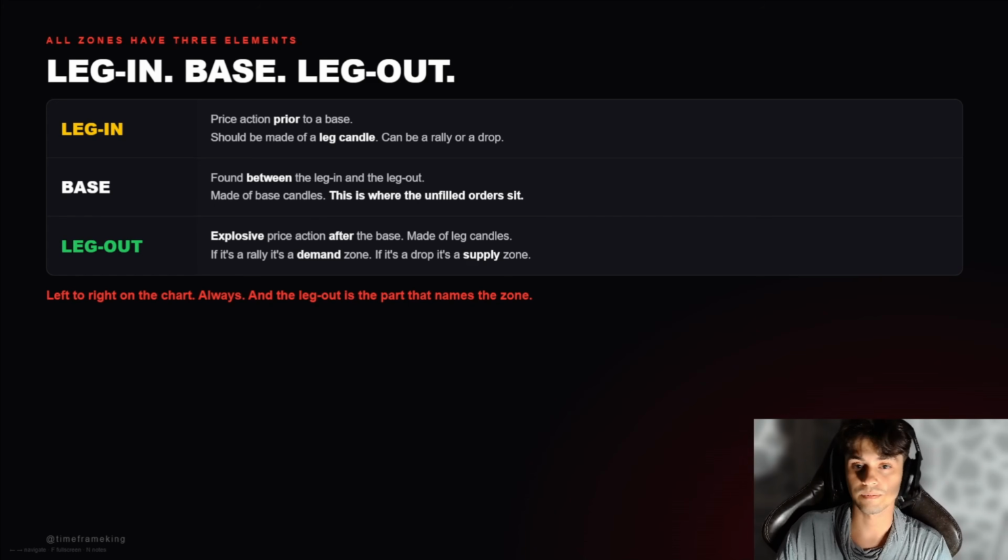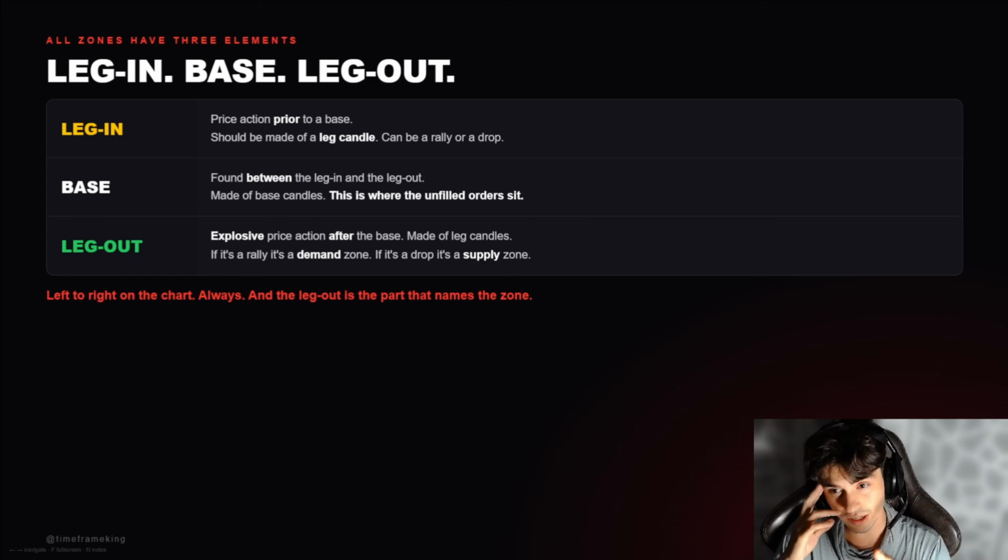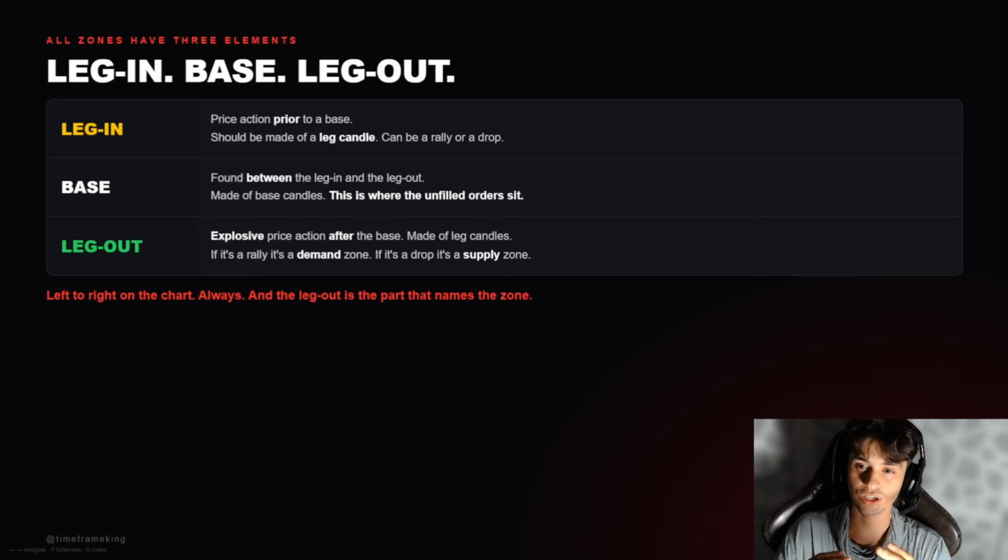Leg candle again. And here's the part I actually want you to remember. The leg out is what names the zone, okay? If price rallies out of the base, it's a demand zone. If price drops out of the base, it's a supply zone. Doesn't matter how it arrived, only matters how it left.